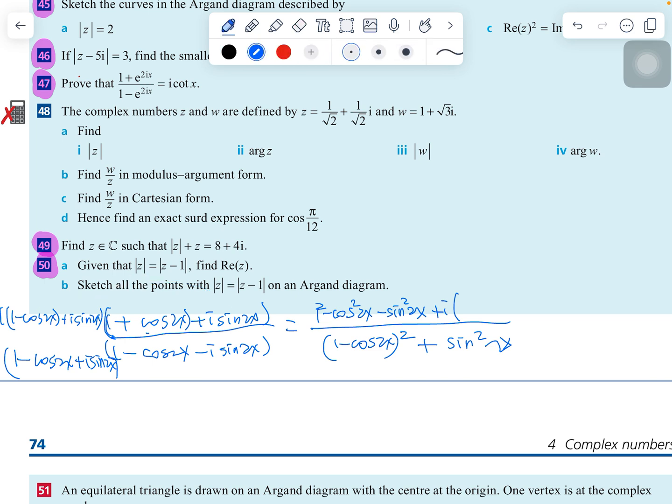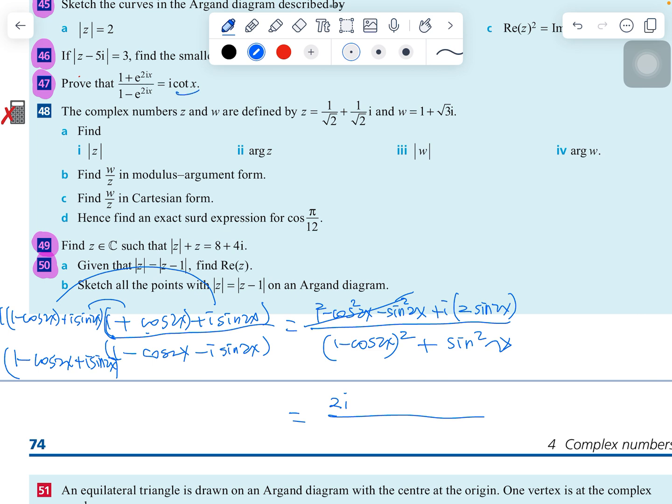It has from here and here 1 plus cos 2x and 1 minus cos 2x, so cos 2x will be eliminated. So now we have 2 sine 2x. So actually the real part becomes 0 because sine squared of 2x plus cos squared of 2x equals 1. So now we have i 2.